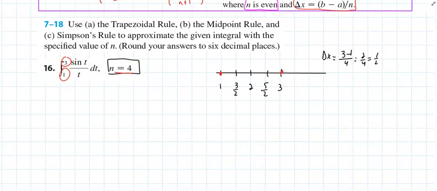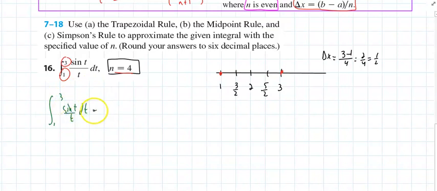If I want to use the midpoint rule, so if I want to go by M sub 4, well, that is the integral from 1 to 3 of the sine of t over t dt.